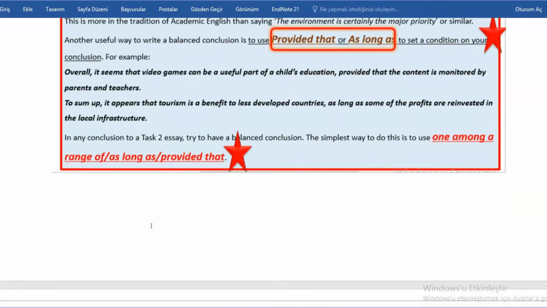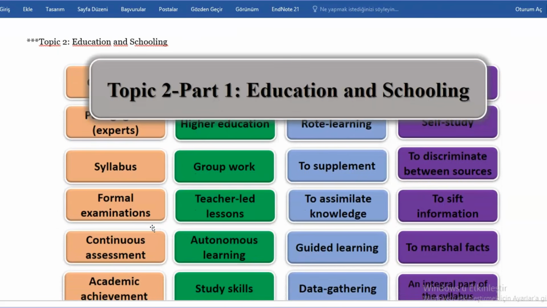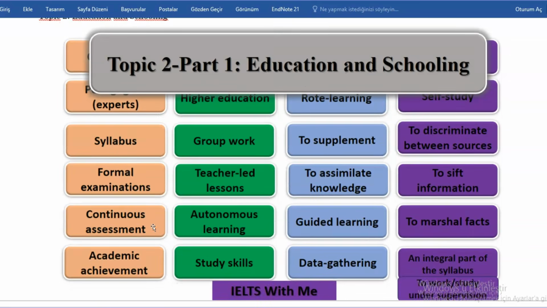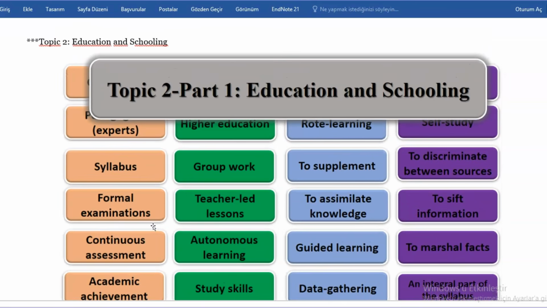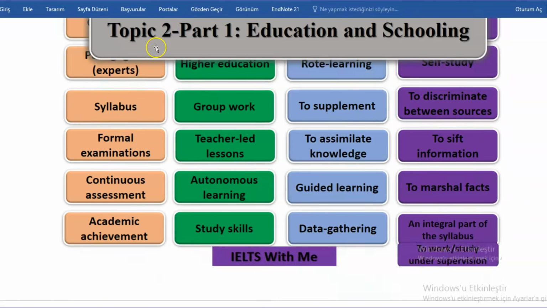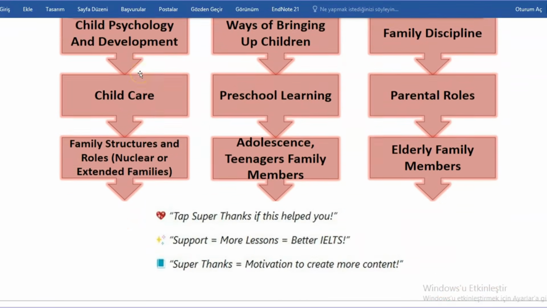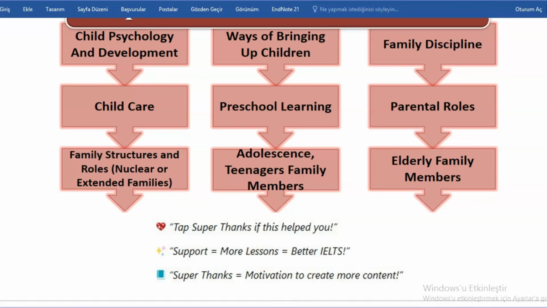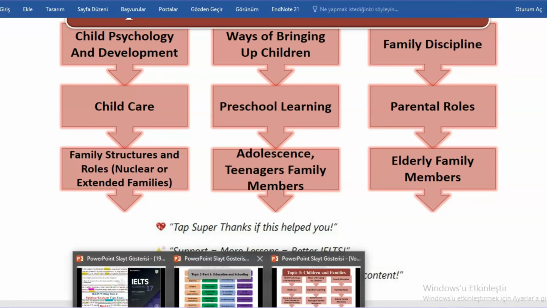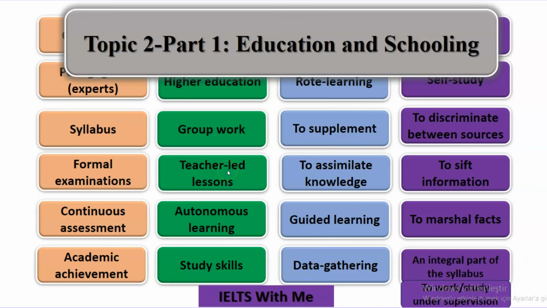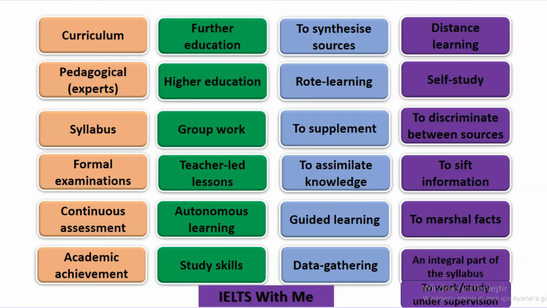Great sentence. Okay, and your subscribers, you have to know that if you want to write a band 7 and above, you have to be familiar with the topic of education and schooling, as well as topic of children and families. These are really important. Please take a look to our previous videos regarding education and schooling.